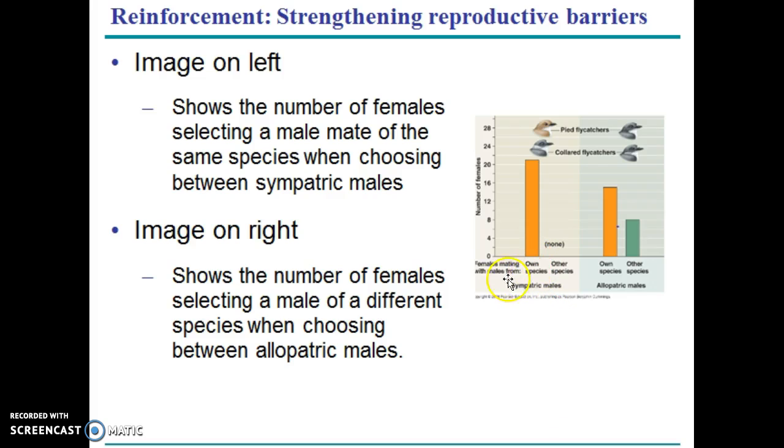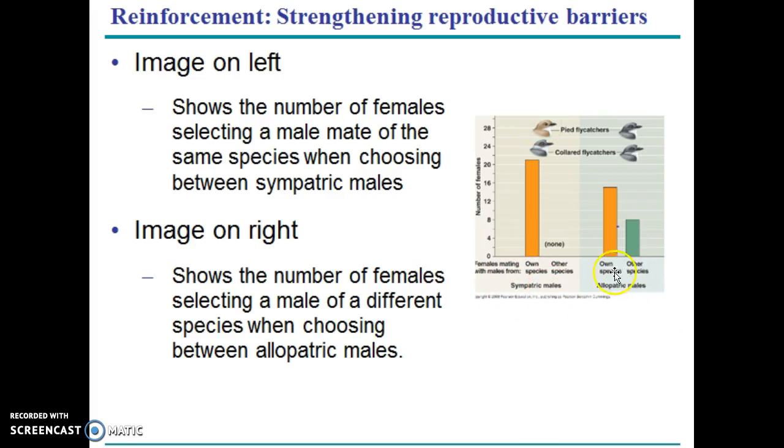We can see right here that females, when allowed to select a mate of their choice, always chose 100% of the time their own species. So the female collared flycatchers would always mate with this guy, and the female pied flycatchers would always mate with this guy. That was in the sympatric population.